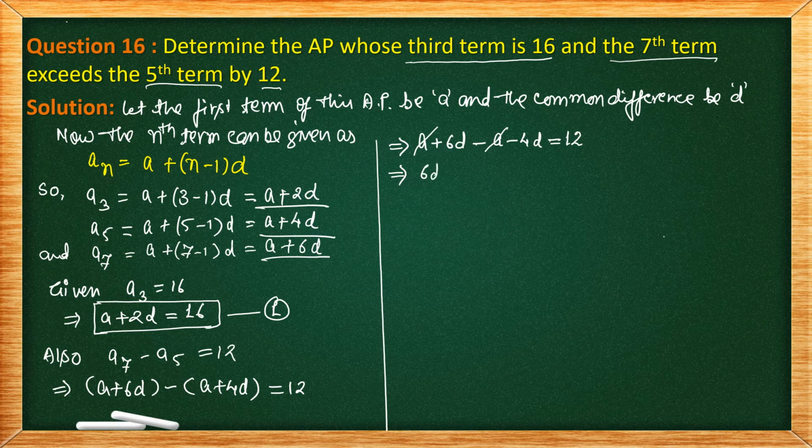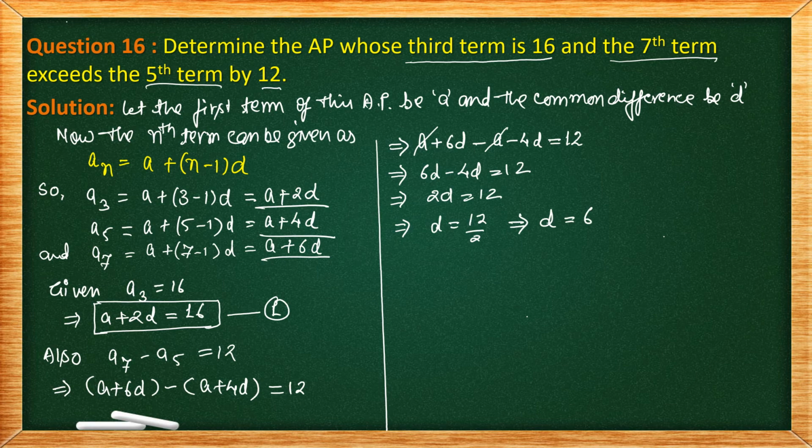So we will have 6d minus 4d is equal to 12. This implies that 2d is equal to 12. So d is equal to 12 by 2, implies that d is equal to 6.